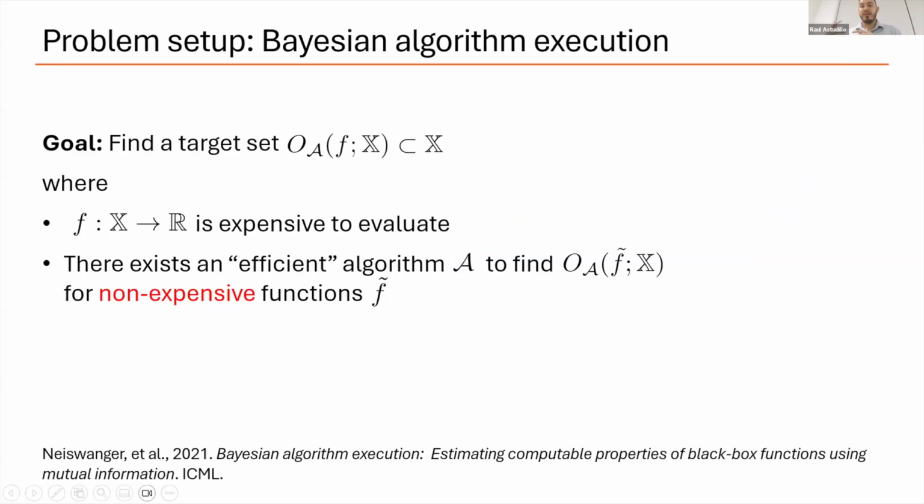We assume we already have access to the algorithm, and it's something that we could apply to find this target set for cases where the function is not expensive, right? You can think of this as perhaps a cheap optimization algorithm, or something else if the goal is not optimization, that you could use on a cheap function, but it becomes infeasible when this function f is expensive to evaluate. So that's the problem setup, and it is something that was proposed by Ines Wanger and collaborators in 2021, and this is the original reference in case you're interested.